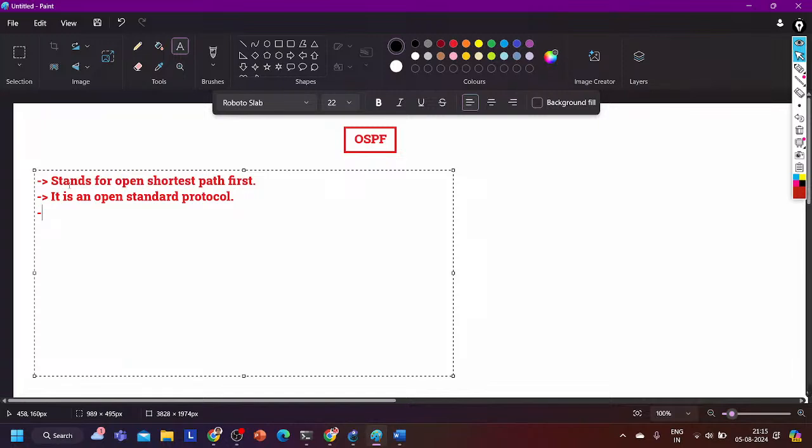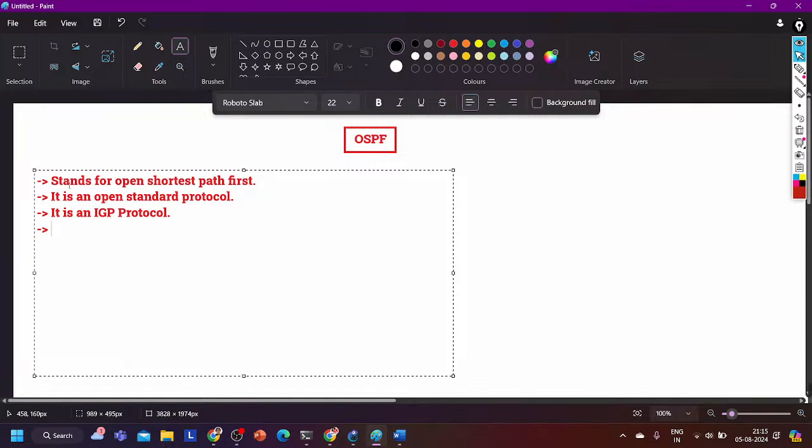Then it is a classless IGP protocol. What is the meaning of IGP? Interior gateway routing protocol. It works within an autonomous system number.